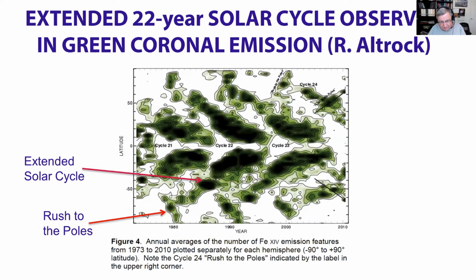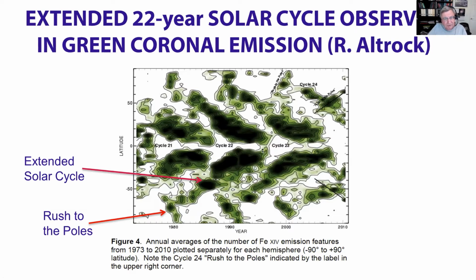It started during the previous solar maximum, and the first feature was some very fast migration towards the poles, the so-called rush to the poles. And then we have an extended solar cycle, 22-year, including this 11-year cycle when we have the sunspot emergence.